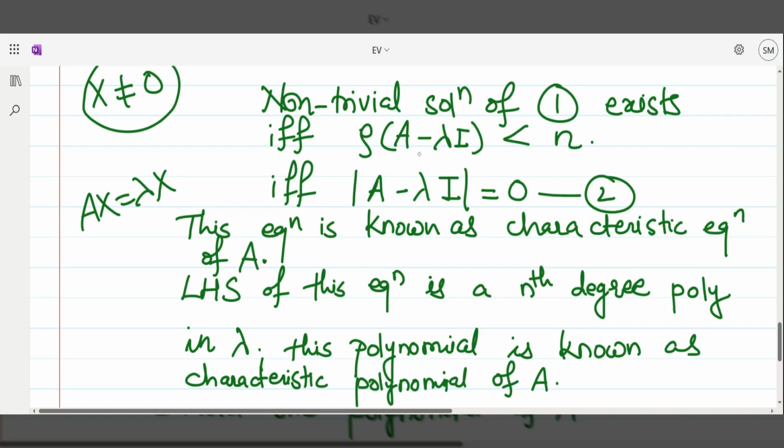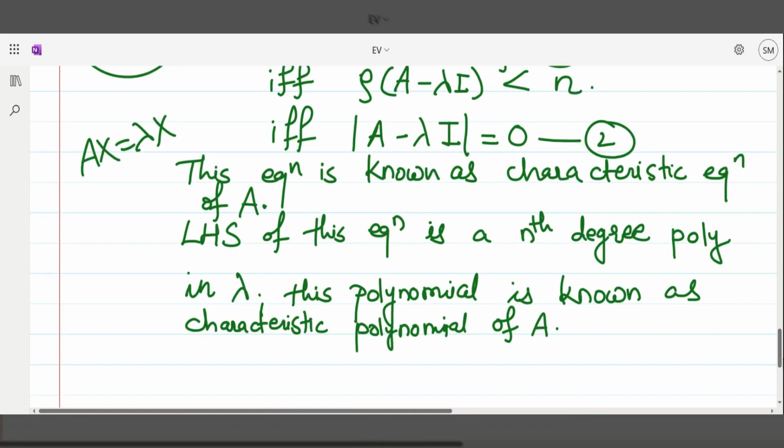This equation number 2 is known as the characteristic equation of A, and the left hand side, which is a polynomial in lambda, is known as the characteristic polynomial of A.